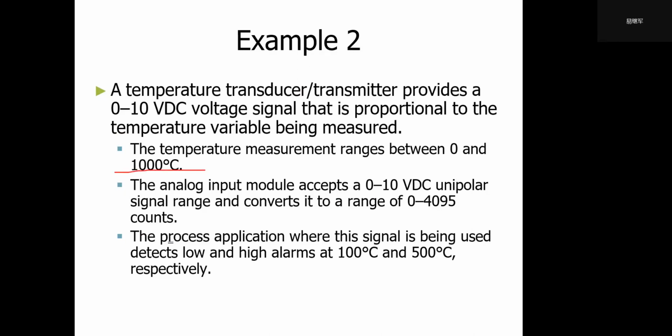The analog input module accepts a 0 to 10 V unipolar signal range and converts it to a range of 0 to 4,095 counts.